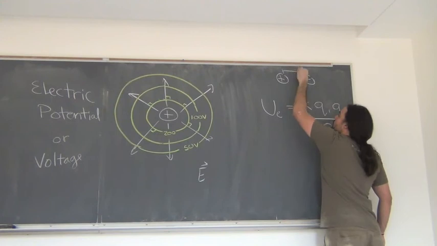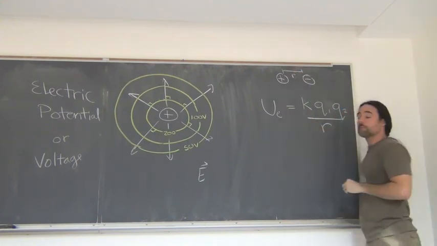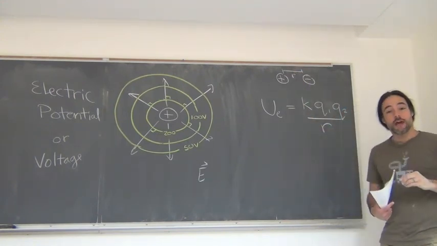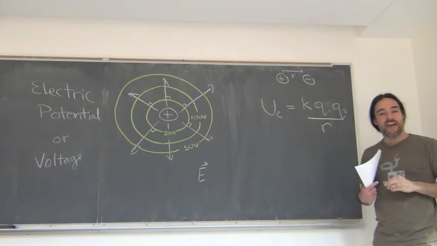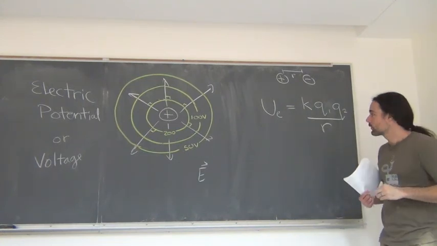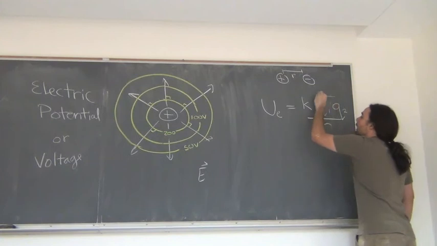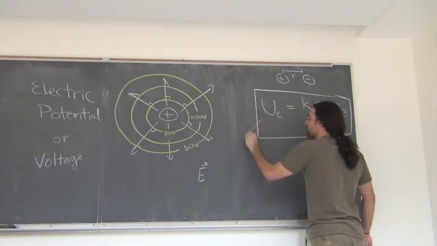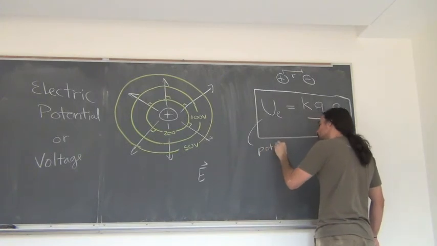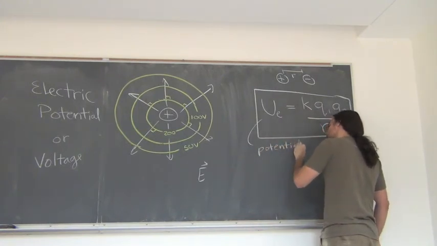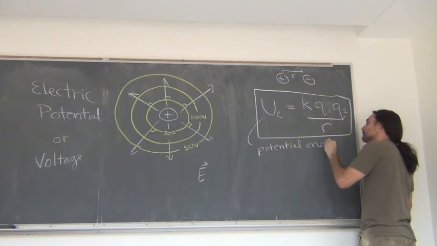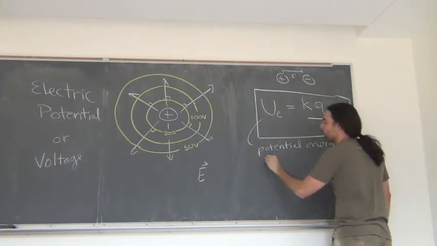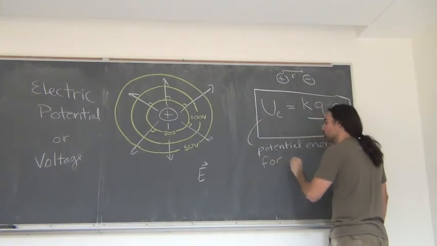So if I've got two charges, there's a distance r between them. I can tell you how much potential energy there is associated with that configuration. I'm going to put a box around this, and I will note that this is the potential energy for two point charges.